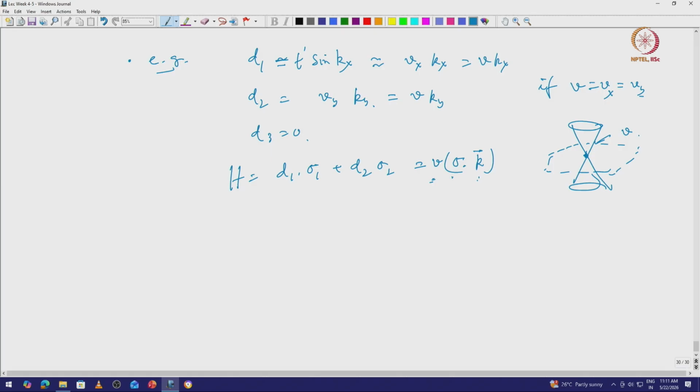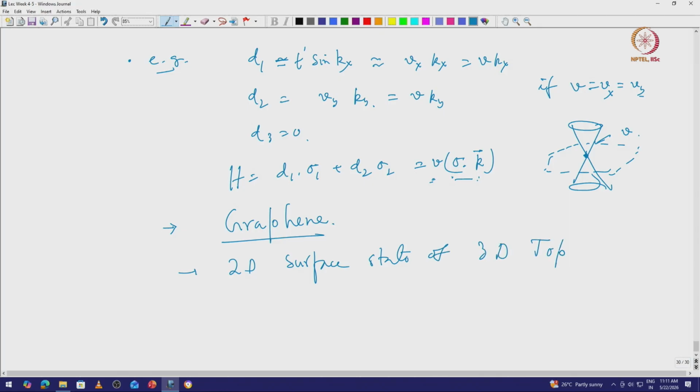Okay. And so this sort of dispersion we get in graphene. We will study this in detail, and also the 2D surface state of 3D topological insulator and some D wave superconductor.